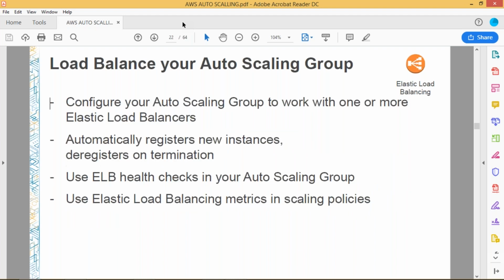To configure your auto scaling groups to work with one or more elastic load balancers, you can configure your auto scaling group with different elastic load balancers. Suppose you have configured one elastic load balancer for the images, a second load balancer for the database part, and a third load balancer for the different types of queries.